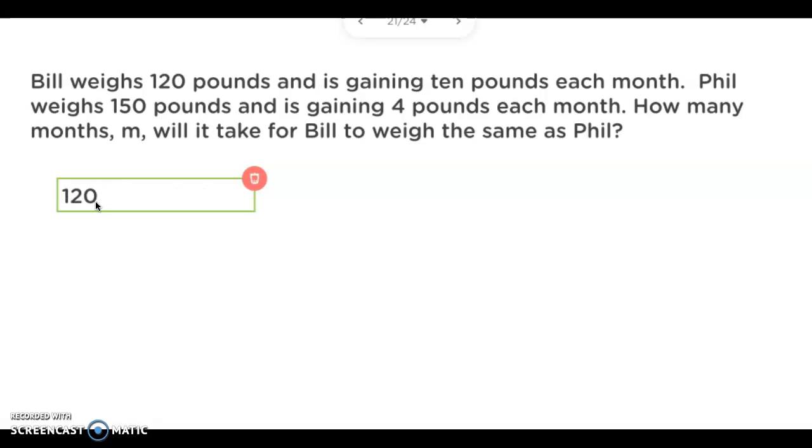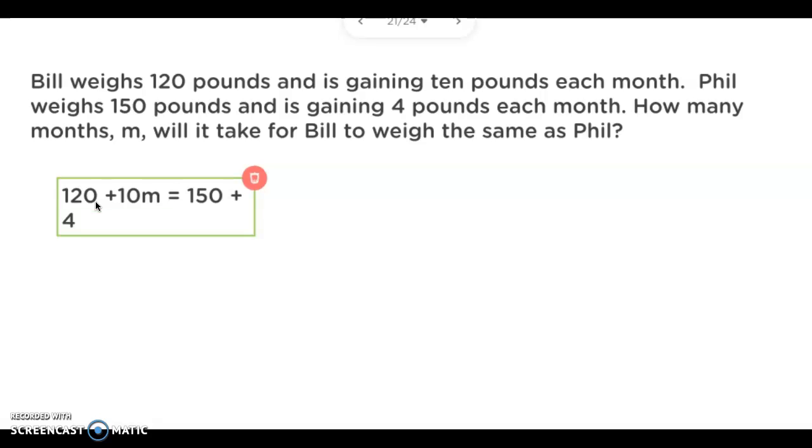And I told you all, this is the same strategies that we use with writing equations. We know that he is gaining 10 pounds each month, and we know that the variable is M for months in this problem. And then we want to know when it will be the same as Phil, who weighs 150 pounds and is adding 4 pounds each month.